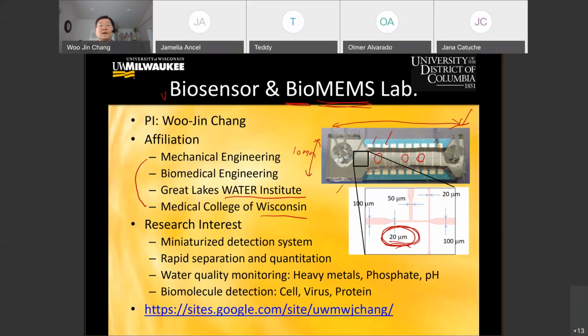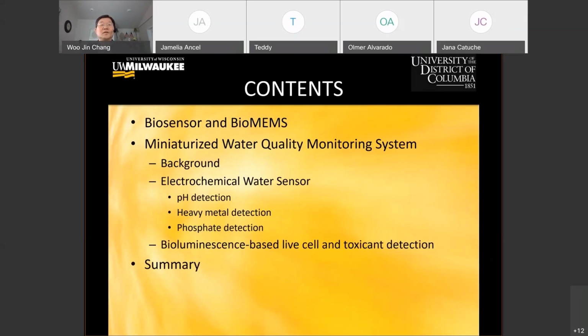So I wanna talk today to briefly introduce the biosensor and biomems first, and then introduce my work about the miniaturized water quality monitoring system. And for this, I have two approaches. The first one is an electrochemical approach to detect the water quality.